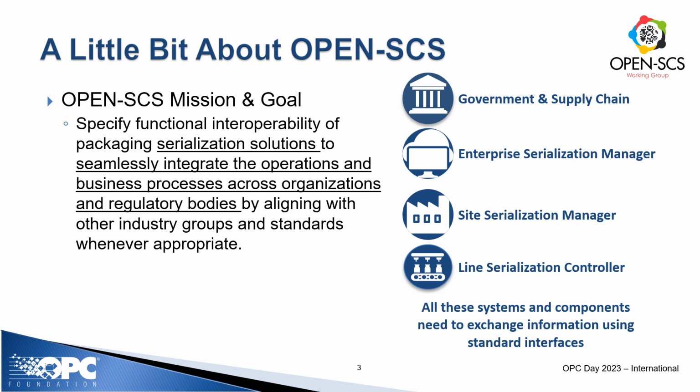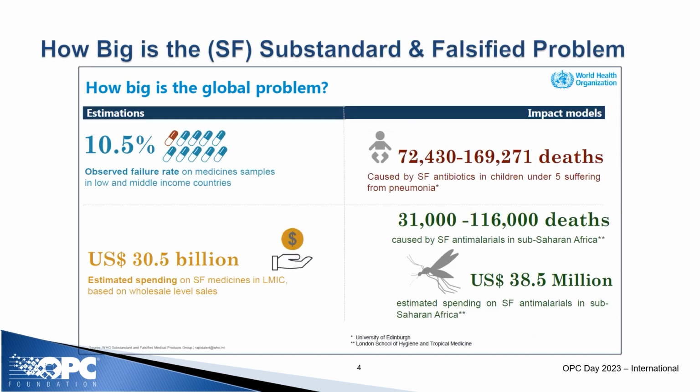Now, we started looking at this, and we developed a set of standards that dealt with the serialization project. And the big thing here was to look at how big a problem this is.